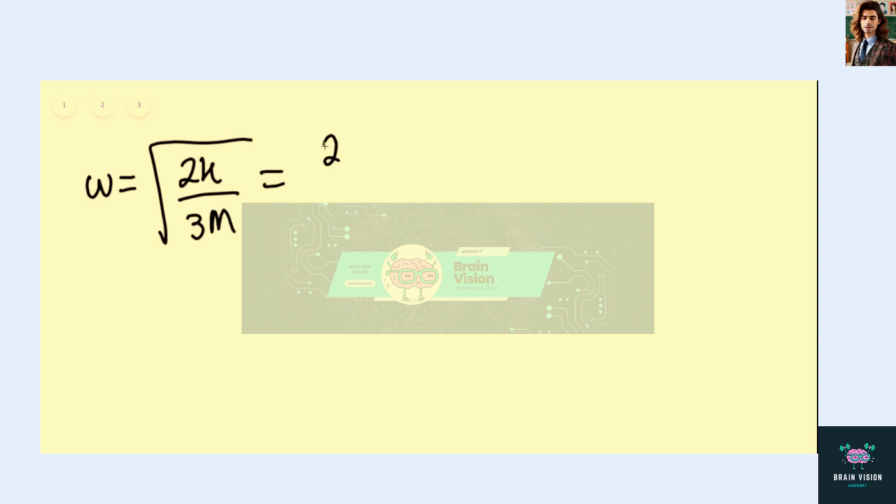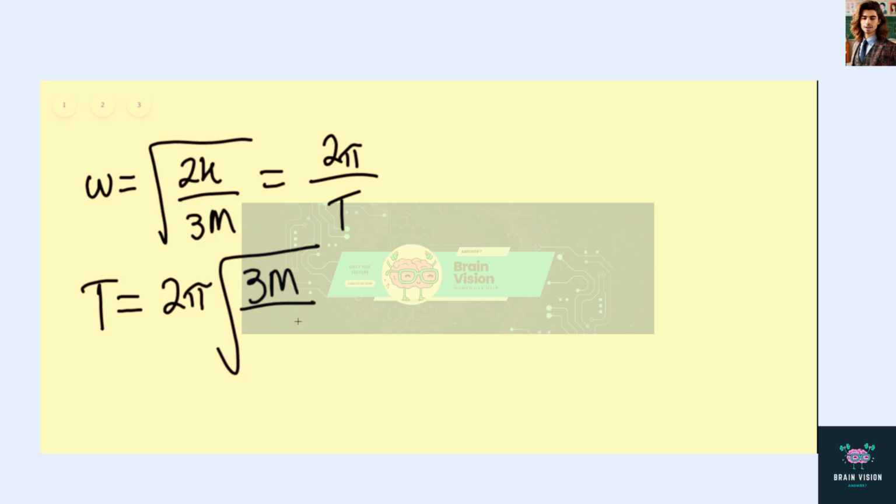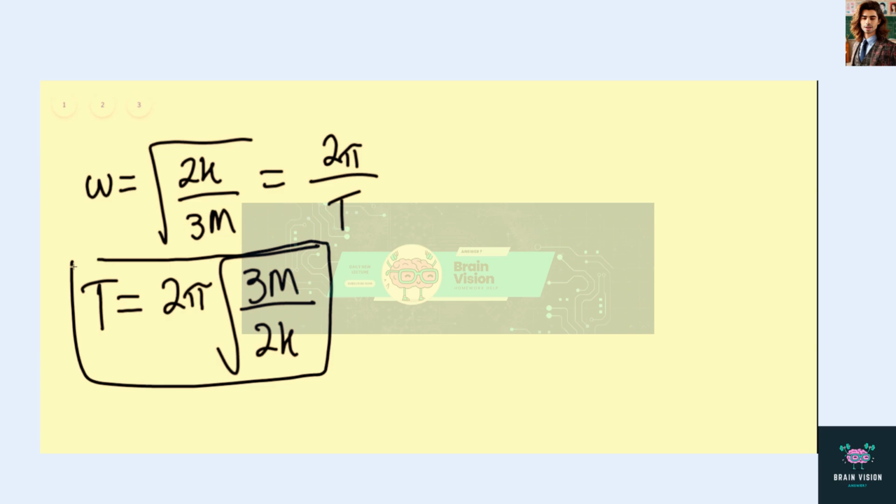And this is equal to 2 pi over T. We know this to be true, so therefore solving for the period T, this would be equal to 2 pi multiplied by the square root of 3m divided by 2k. This would be us essentially proving the equation for T.